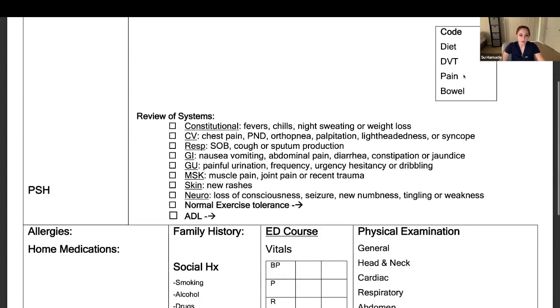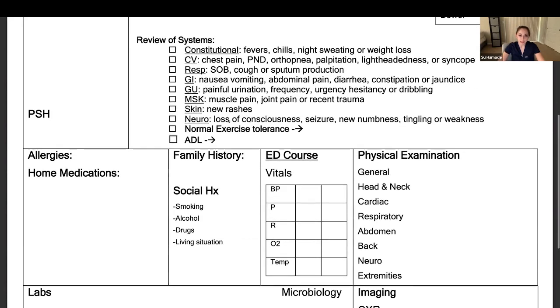Otherwise, we can continue to go through this. It's really important to get a sense of what they do. What is their functional capacity at baseline, right? Are they able to walk on their own? Are they able to perform the ADLs on their own? Any focal neurodeficits?